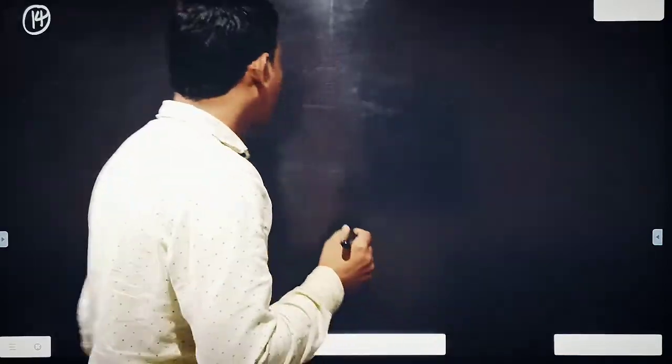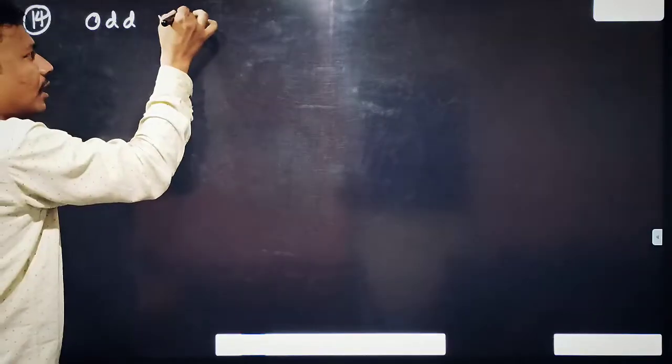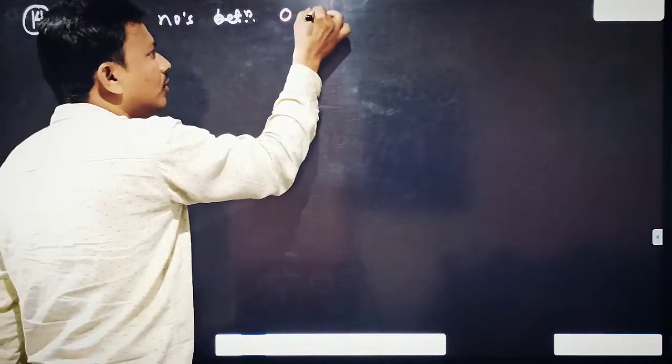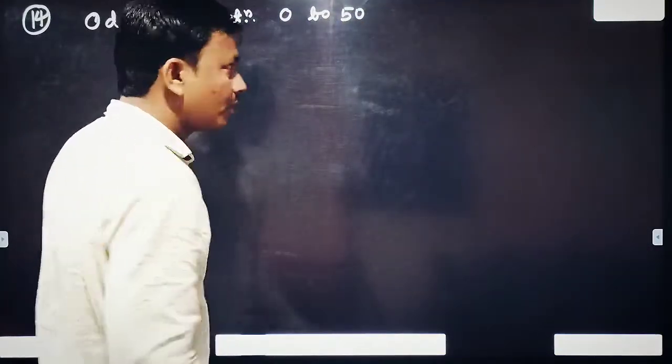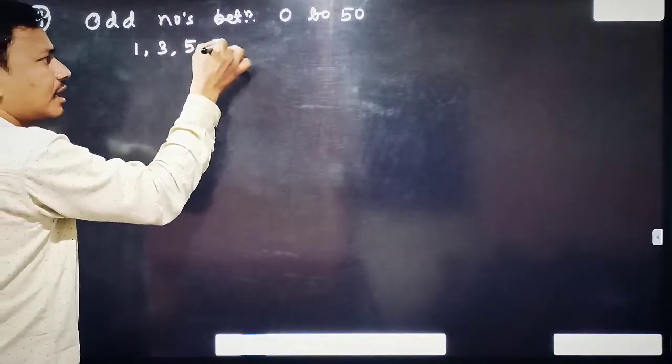Number 14, find the sum of the odd numbers between 0 to 50. Odd numbers between 0 to 50. What are the odd numbers? 1, 3, 5, 7.